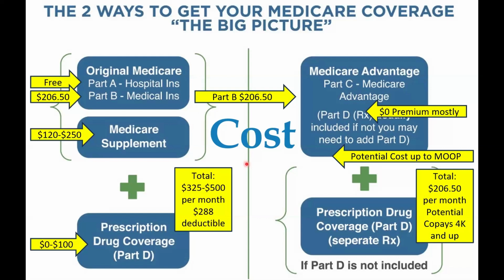Same with people that have had open heart surgery, still not reaching that max out of pocket. So I don't want you to think that if I have one major health issue for the year, that's going to hit that maximum immediately. That's just not the case.